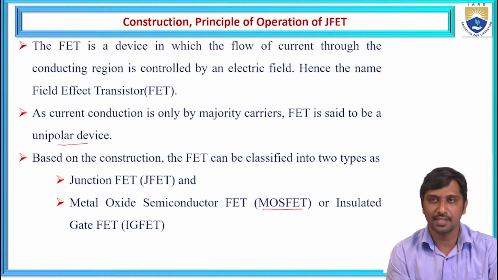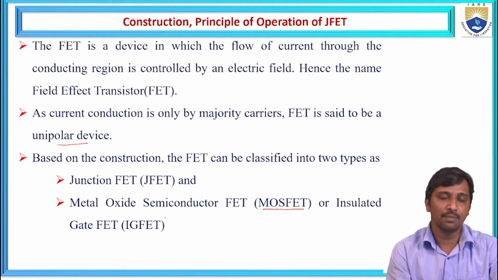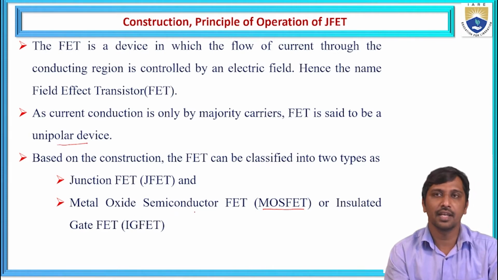That is represented as MOSFET, where M indicates metal, O indicates oxide, S indicates semiconductor, and FET means field effect transistor. Hence, this type of transistor is called a metal oxide semiconductor field effect transistor, and it is also called an insulated gate field effect transistor.